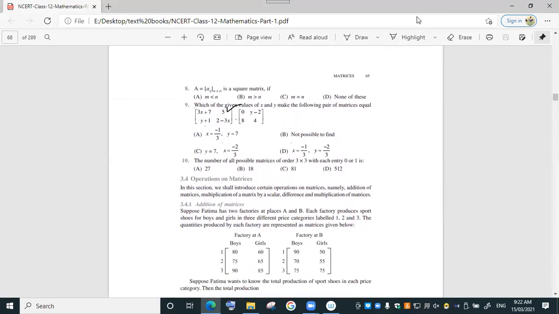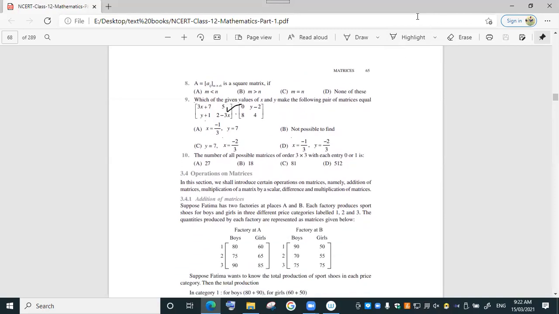Then question number 8. A matrix is a square matrix when m is equal to n: the number of rows is equal to the number of columns. Which of the following values will make the pair of matrices equal? Equal means you have to equate and find the value of x.